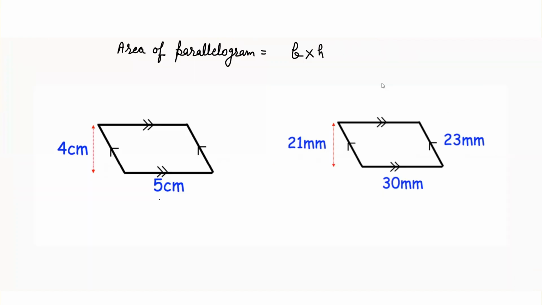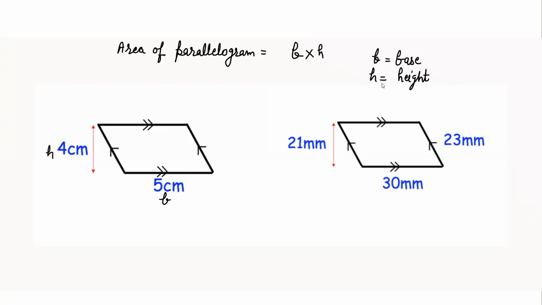Area of a parallelogram is equal to B into H. So if you will see the first parallelogram, 5 is equal to B and 4 is equal to H. B and H we have already used in the area of a triangle. B represents base and H represents height.